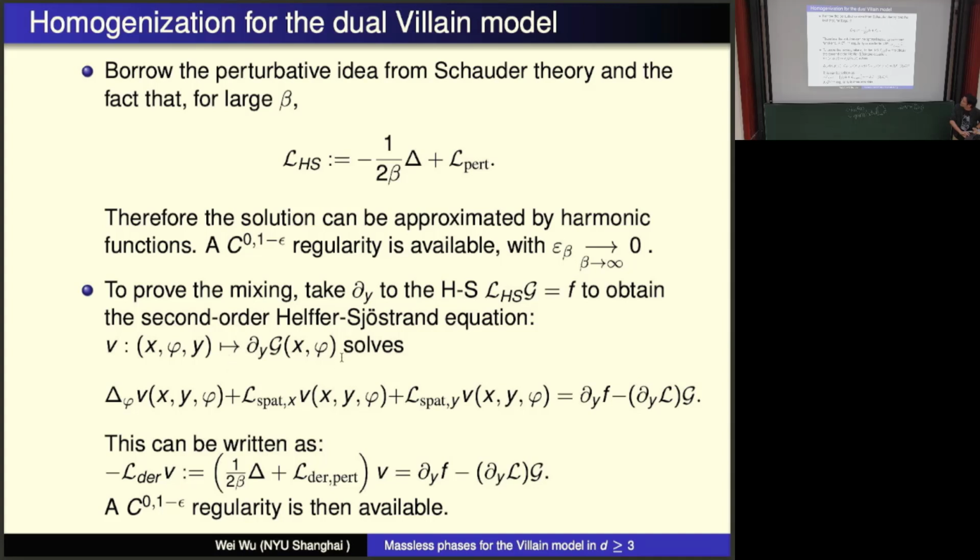In fact, this new quantity solves a new equation with a more complicated operator, but you can see that the more complicated operator still has the leading term like a Laplacian plus a perturbative term. So you can also apply the Schauder type of argument to get the regularity estimate.